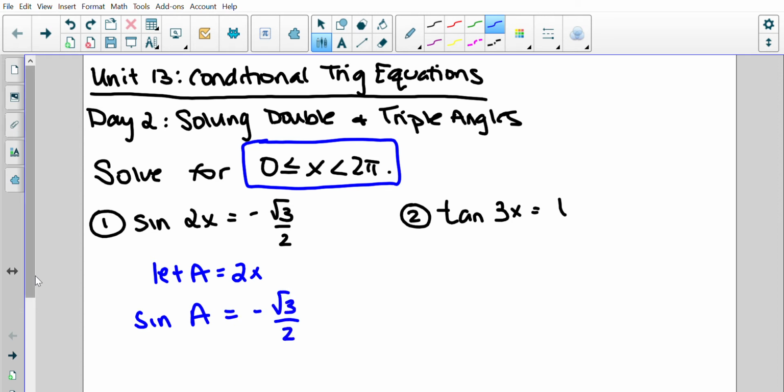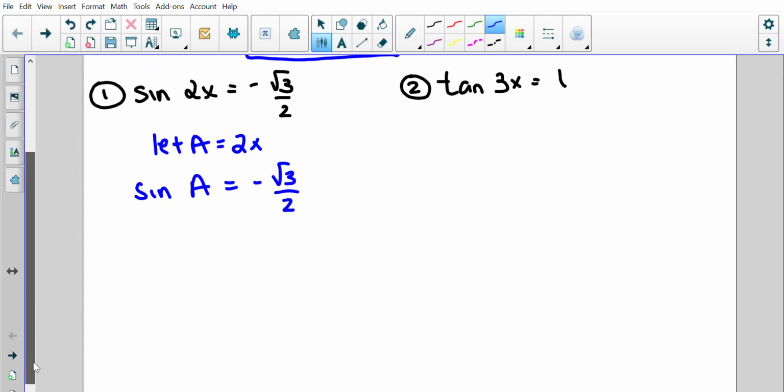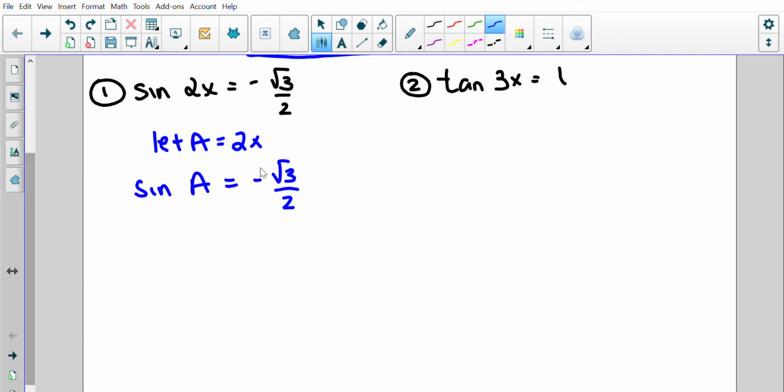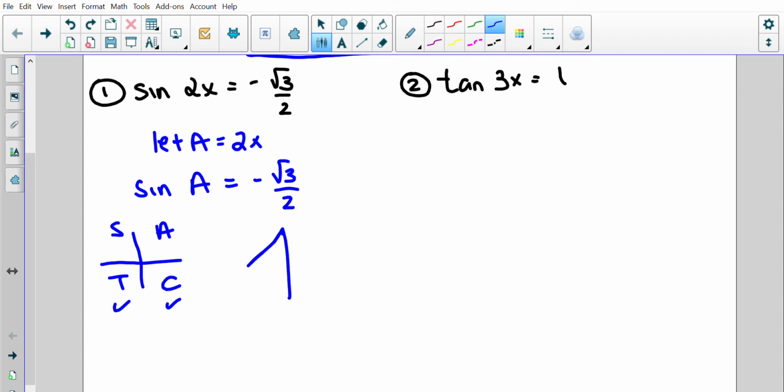Well, now this goes back to what we did on day 1. First of all, it's negative, so we've got to figure out what quadrants we're in. Sine is going to be negative in quad 3 and quad 4. And then root 3 over 2, what does that remind you of? Well, that reminds me of my 30, 60, 90 triangle, so I'm going to draw that up. Which angle, when you take opposite over hypotenuse, which is sine, gives you root 3 over 2?